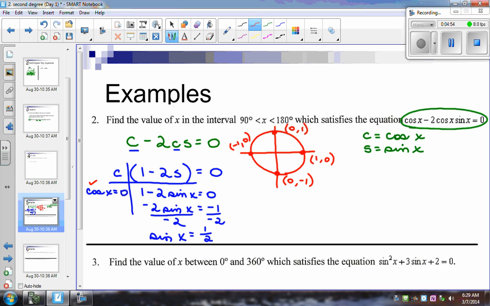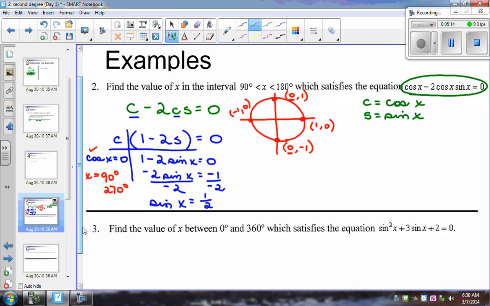As we know, cosine is really an x value. So what x values do we see that are zeros? Well, we see that at the 90 marker and the 270 marker. So for this, x is going to be equal to 90 degrees or 270 degrees.